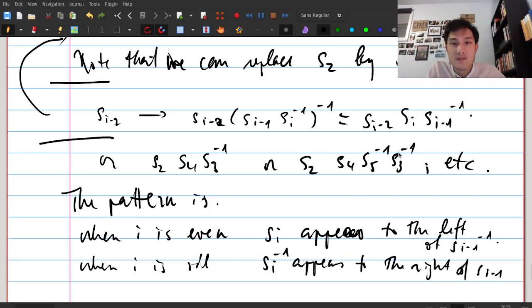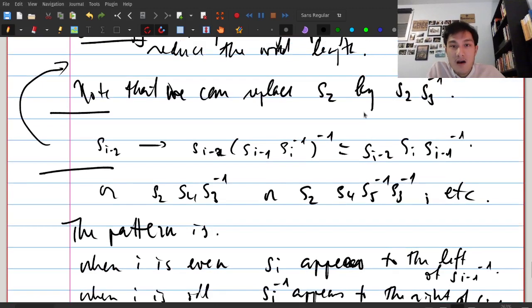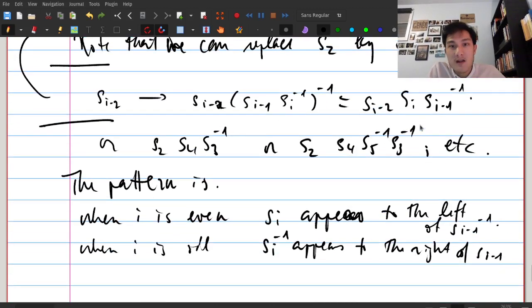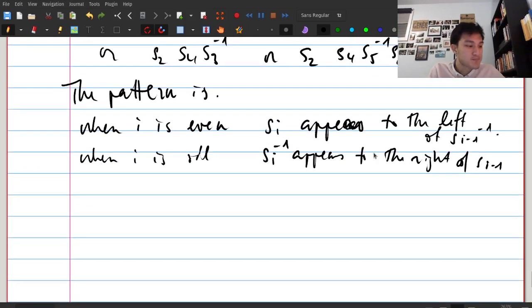Okay, so let's just take a moment and stare. So S3 appears as an inverse and it appears to the right. Then S4 doesn't appear inverted and it appears to the left of S3. Then S5 appears inverted because it's odd, to the right of S4, and so on.